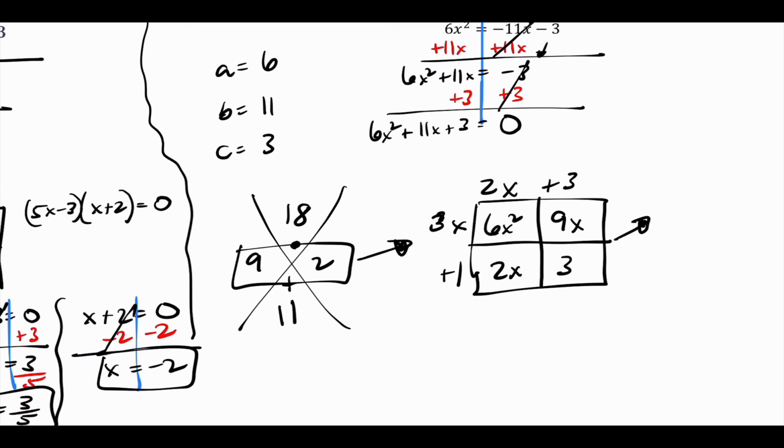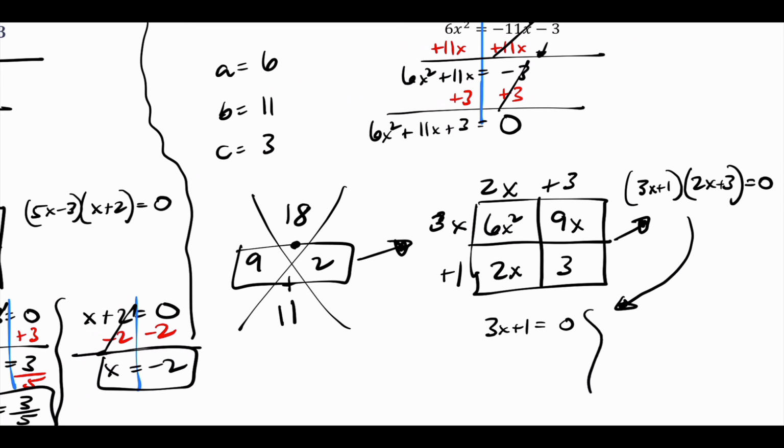Okay, so you get 3x plus 1, 2x plus 3 equals 0. Last step. Subtract 1 from both sides.